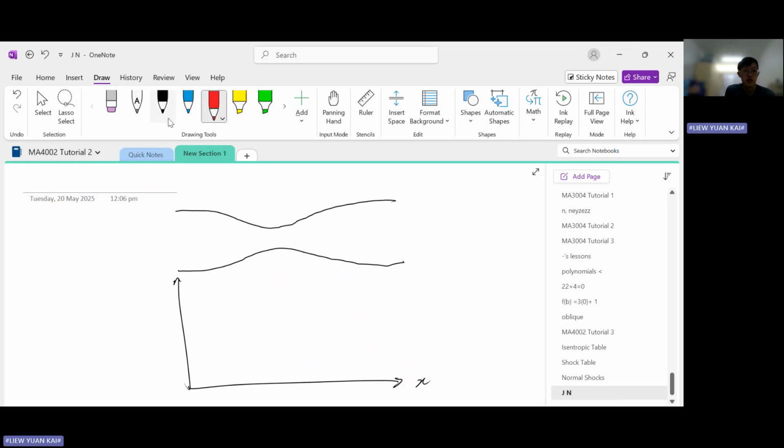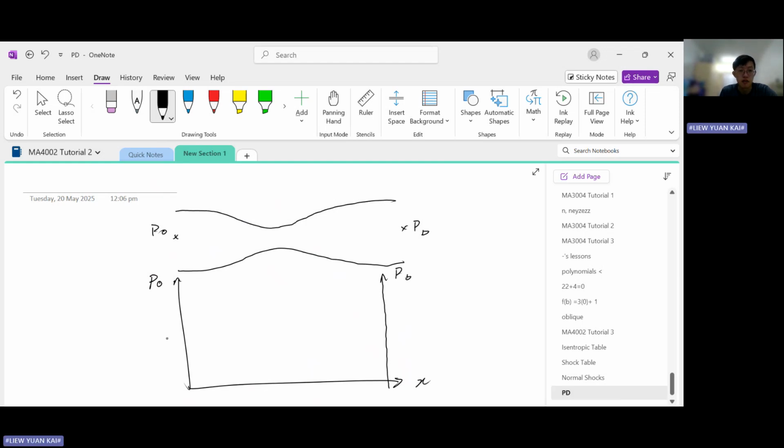This is the pressure P. Over here, there's another vertical axis, and this is the back pressure, PB. And here is P naught.